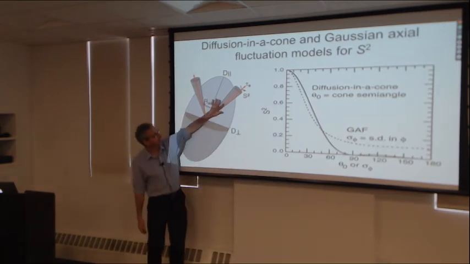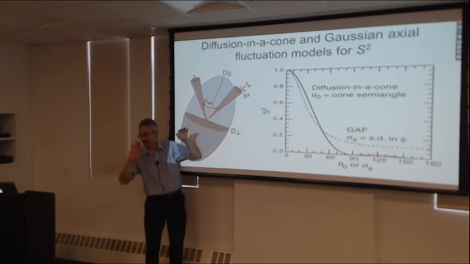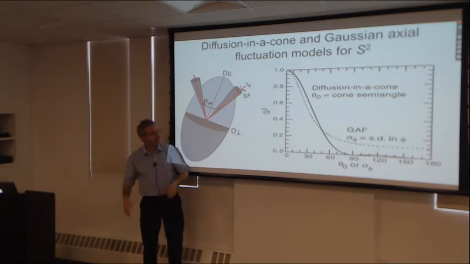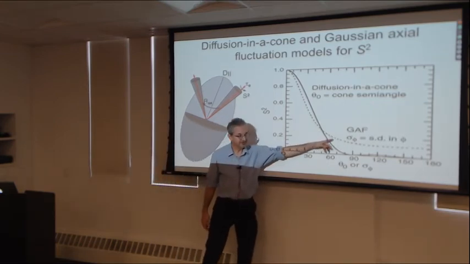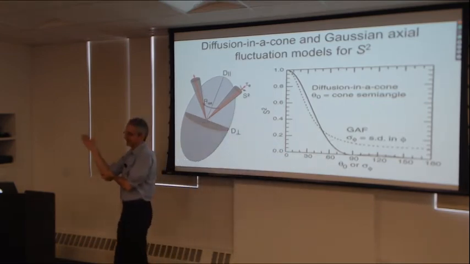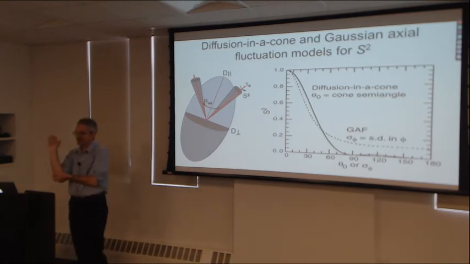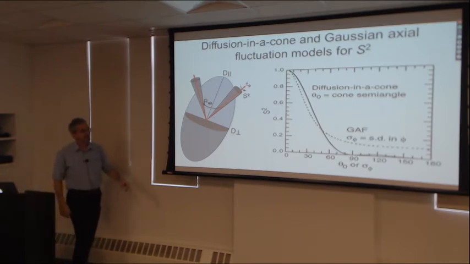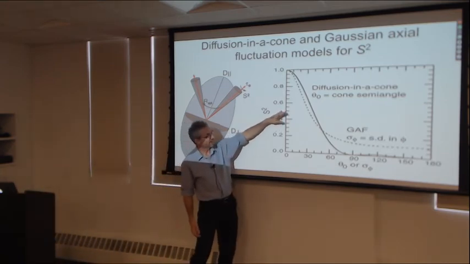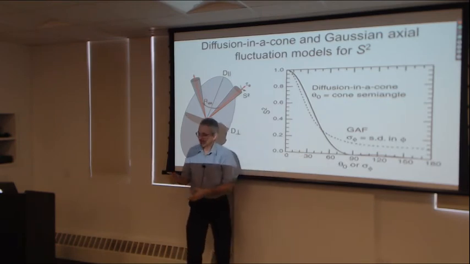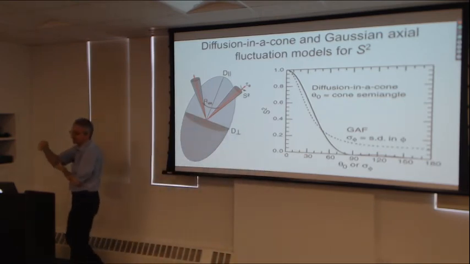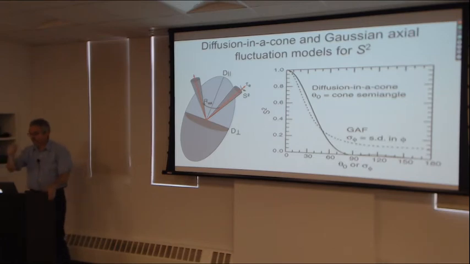In that model, the vector is moving on the surface of the cone at fixed angles, just going around on the surface. And then there's some standard deviation for the angular fluctuations around the surface of the cone, but it can't go into the cone. But the main point is the order parameters get smaller as the degree of disorder, or the degree of larger and larger angular orientations, allows the order parameter to get smaller.